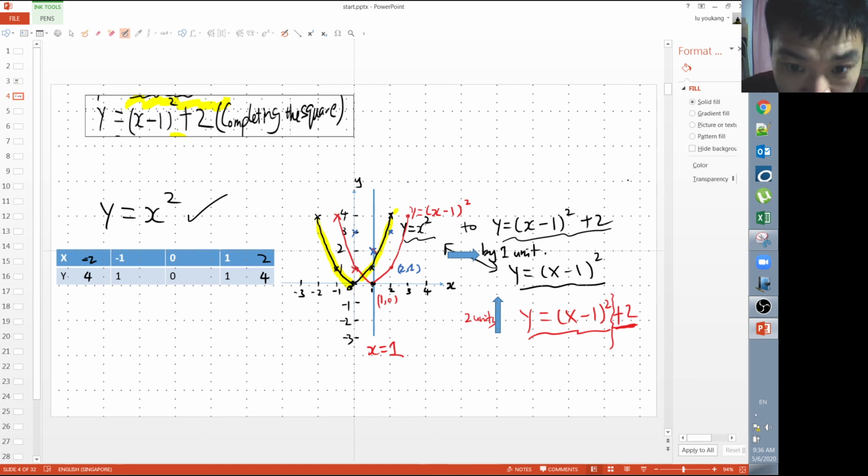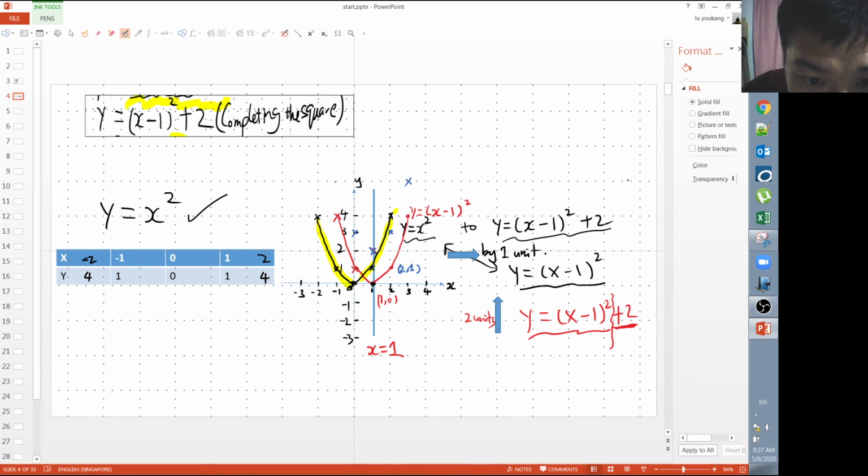Let me double check. So it's 2, 1. You move up by 2 units, good, so it's 3. Over here is 3 and 4, so it moves up, it moves to 6, which is here.